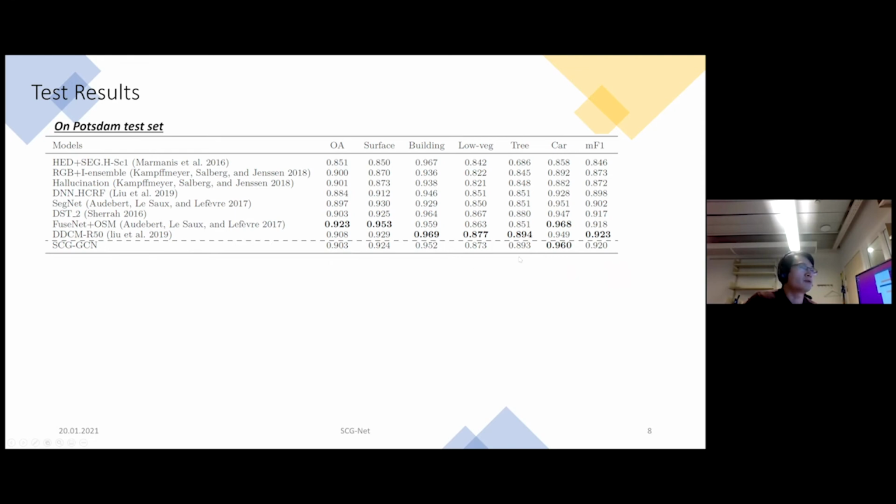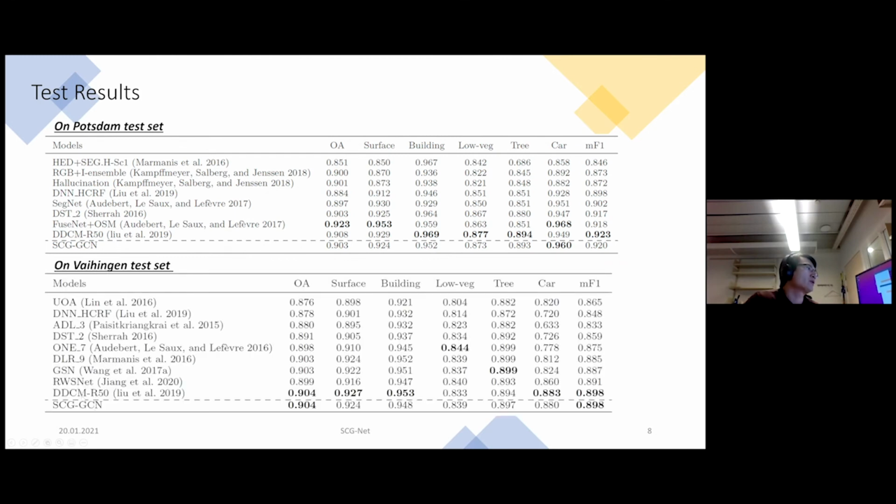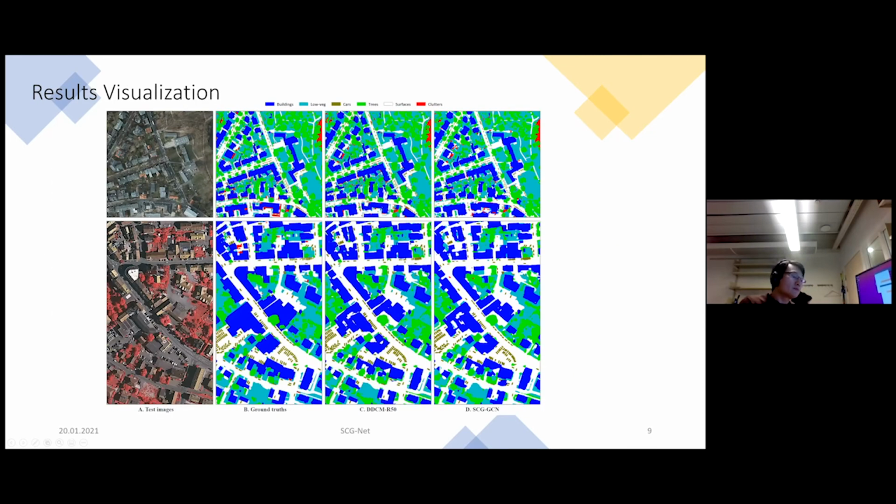So still our model achieves very competitive results. And also we use exactly the same model on the Vaihingen test set. So similarly, this model also achieved very close to the state-of-the-art results. So these results show that our method can give a very good prediction on the semantic labels.